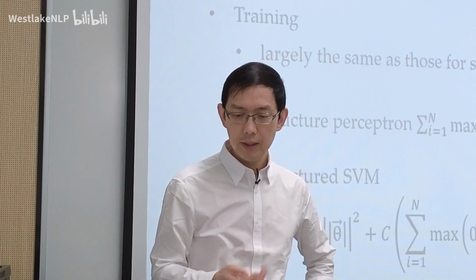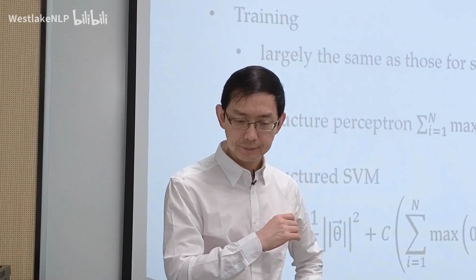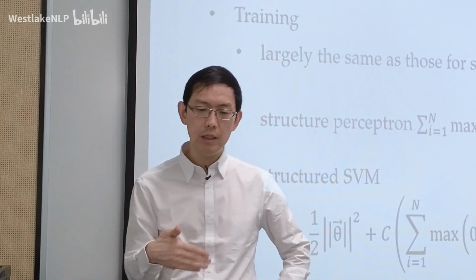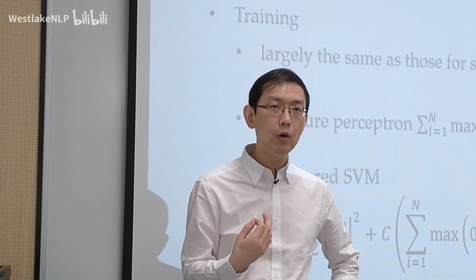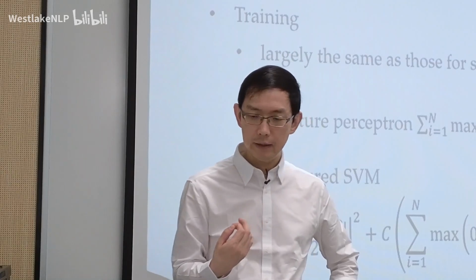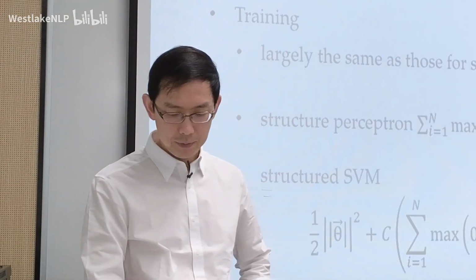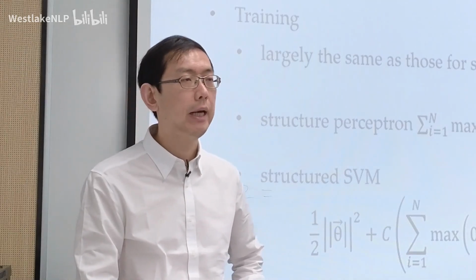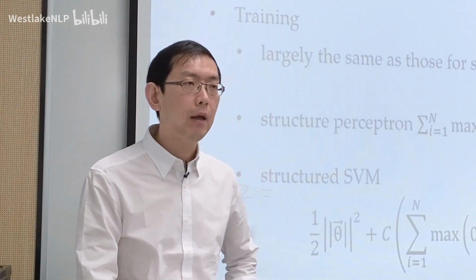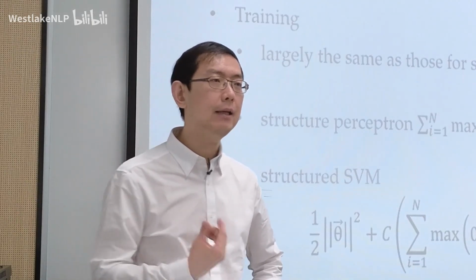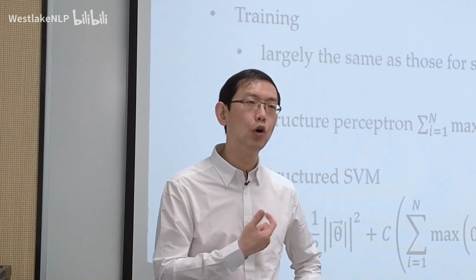Okay, so these are identical between sequence segmentation and sequence labeling. But the only thing that is different is that for both algorithms, you have a max S prime here, right? What is it? It is to find the highest scored output sequence as a negative example if it is different from the gold.